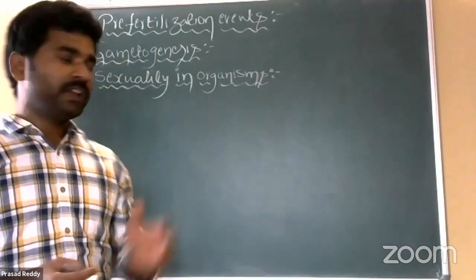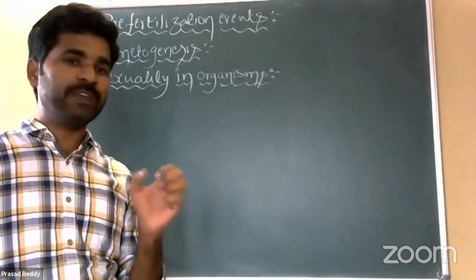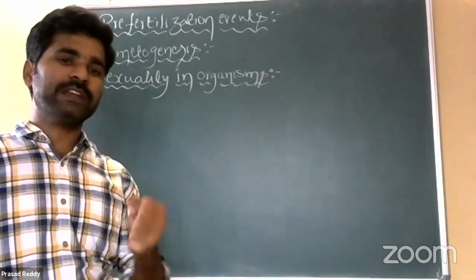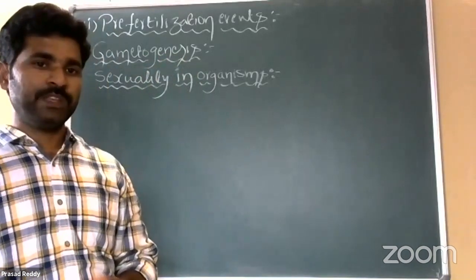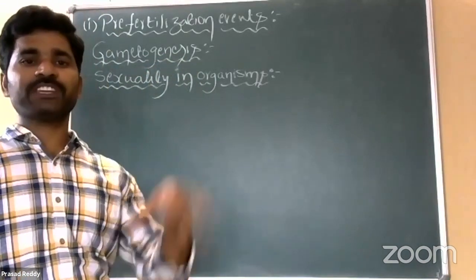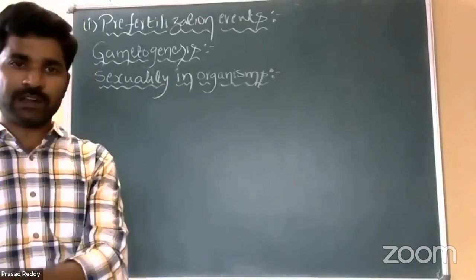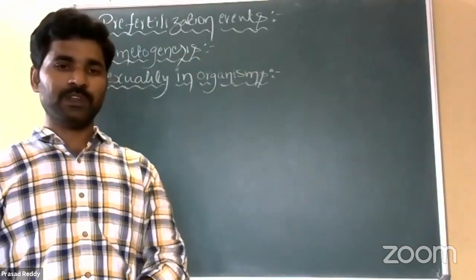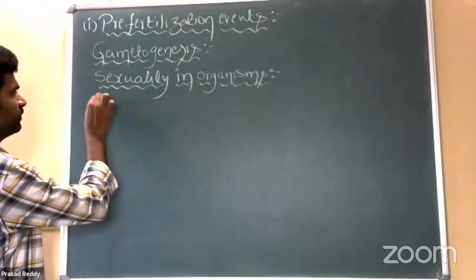But in some organisms, both male and female reproductive organs are located on the same thallus or on the same parent. So what type of sexuality do we observe from lower organisms to higher organisms? We'll see one by one. Better to take fungi.